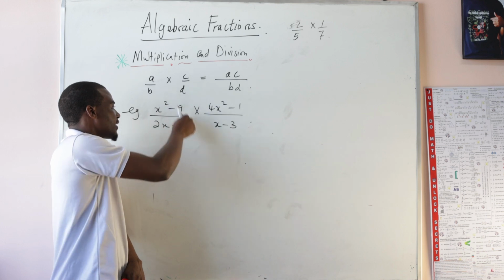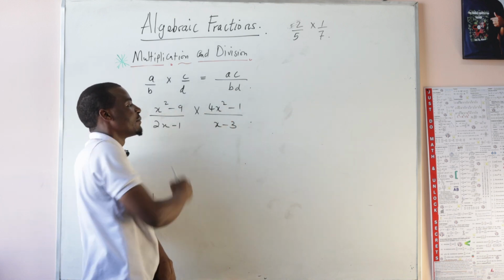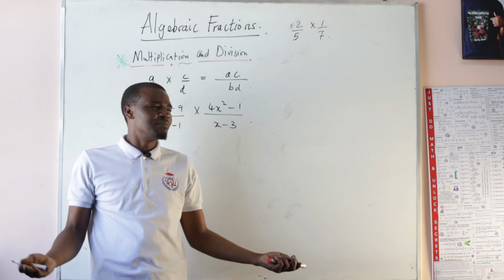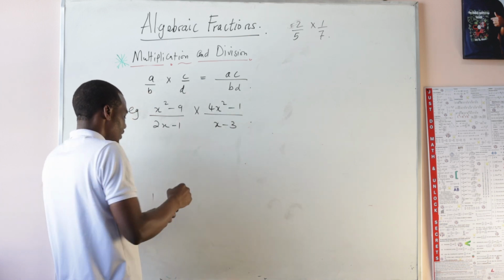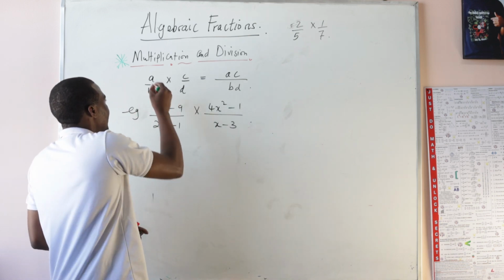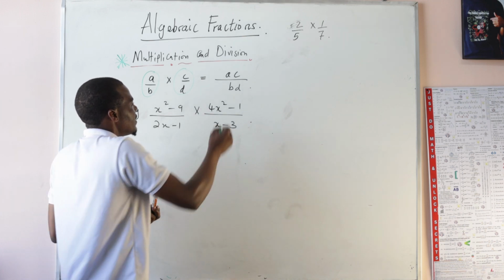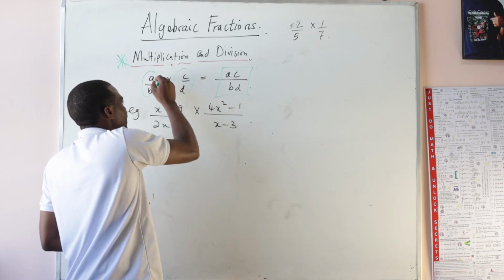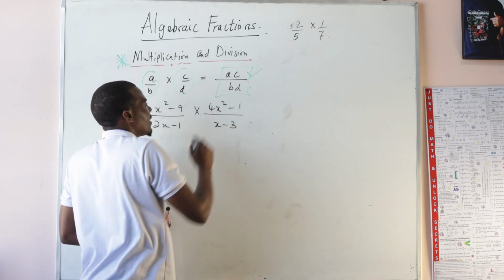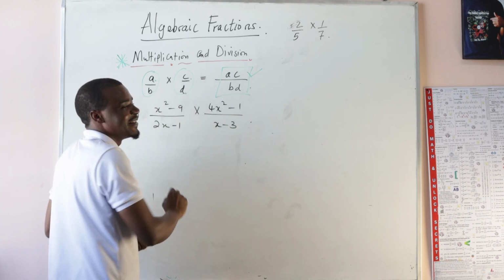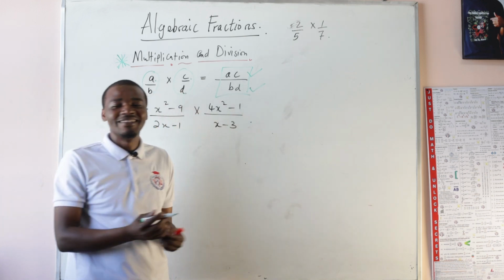This is an algebraic fraction that we are multiplying with another algebraic fraction. The concept is very simple. Like I said, you've got a fraction multiplying another fraction. So the process is very simple. Take the numerator and multiply by the numerator and get the result. Take the denominator and multiply by the denominator and get the result.